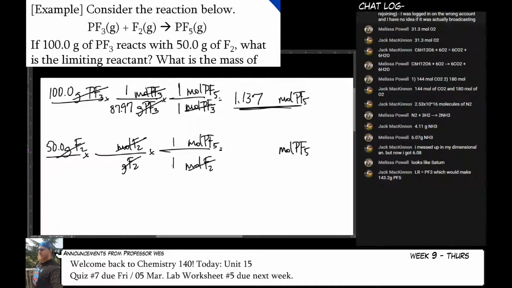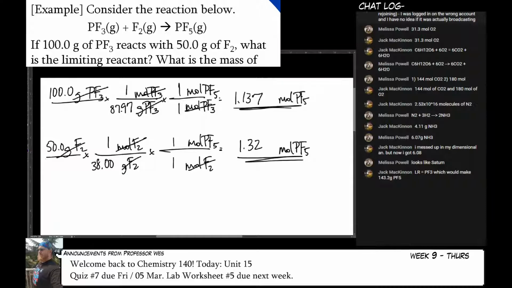Grams to moles of F2. I've got to look that up. I think it's 38. Oh, it's exactly 38. Well, 38 to 2 decimal places. I get that many moles.